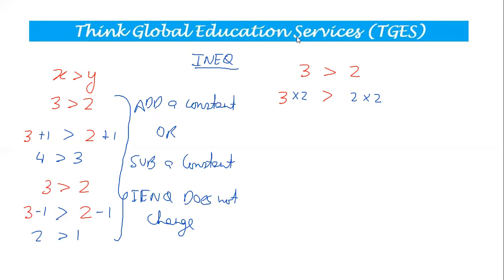If I try to divide with 2 on both the sides, the inequality still remains the same.